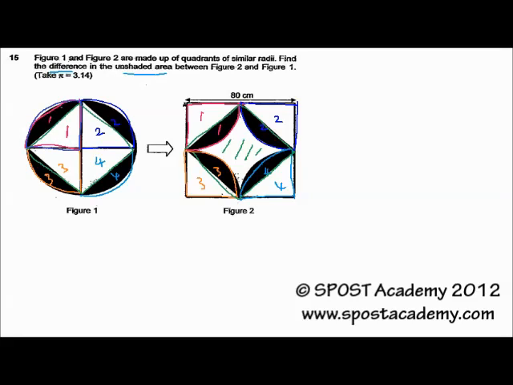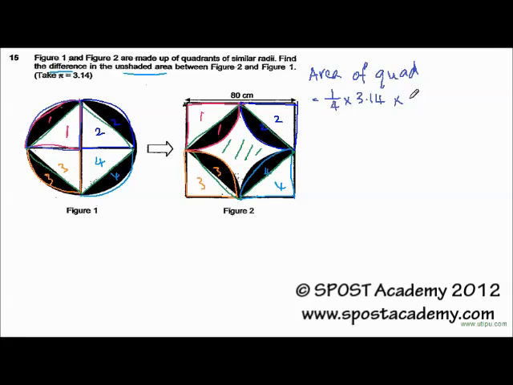I'll find the area of the quadrant minus the area of the shaded part, the area of the quadrant minus the area of this triangle, and I'll be able to get the area of one shaded part. So area of quadrant would be 1/4 times pi, which is 3.14, times the radius square.